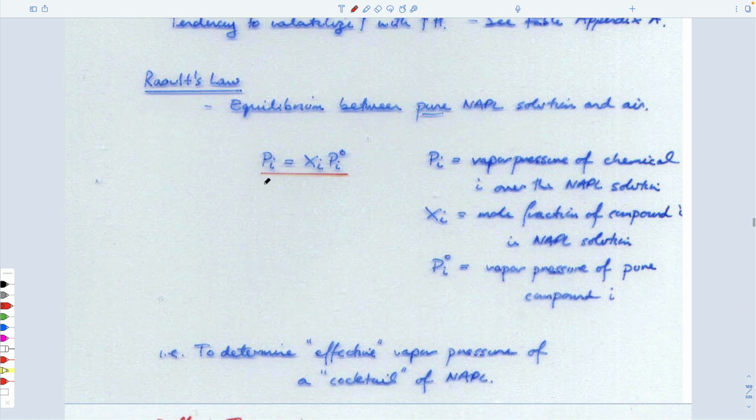And we'll also use what we know about Raoult's law. Raoult's law means that if we have a cocktail, the partial pressure or the vapor pressure of the component that's dissolved in the mixture is a function of its free phase vapor pressure, but multiplied by its molar concentration.